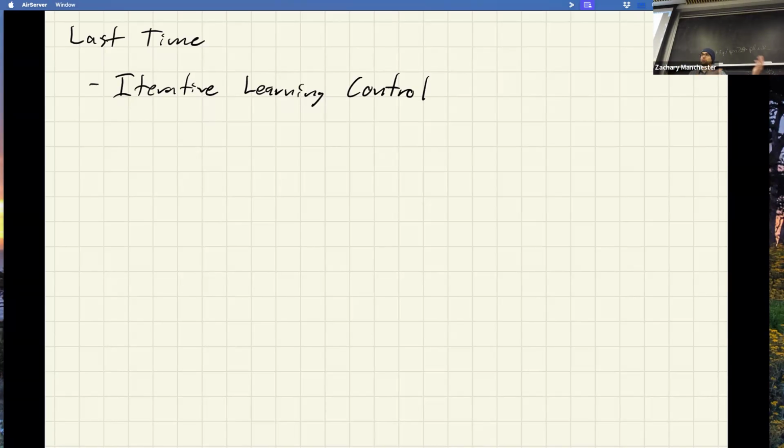So you have some error in what you offline optimized or designed, your feedback policy. When you put it on the hardware, there are some issues. So the question then is, how do I deal with those issues in a data-driven way using data I get from the real hardware, right? So one way of doing it is this iterative learning control thing.